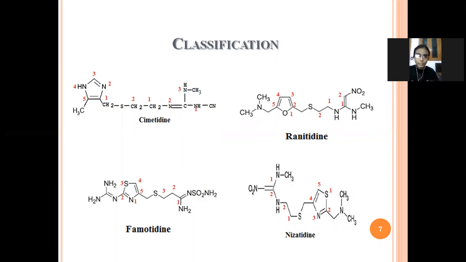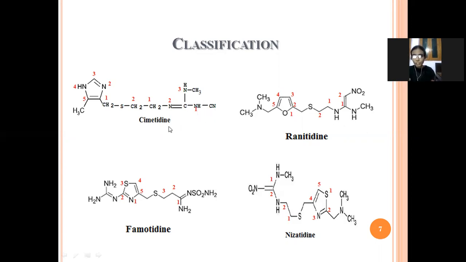Here in the third position a methyl is there, and in the first position methyl and sulfur. Here are 2 carbon atoms, which means ethyl. This structure is the guanidine and this is the cyanide.